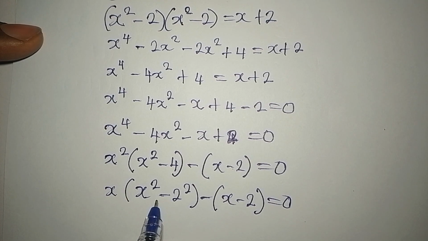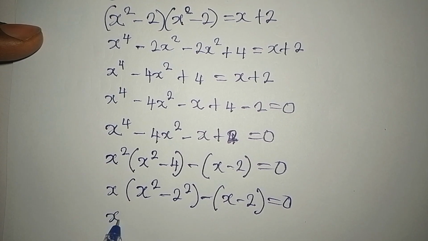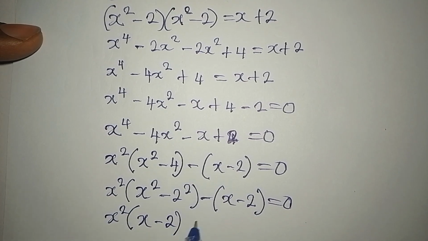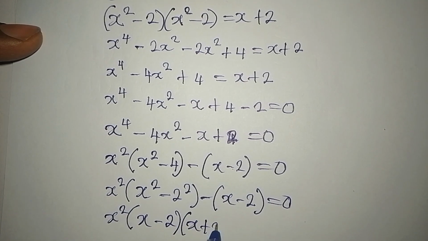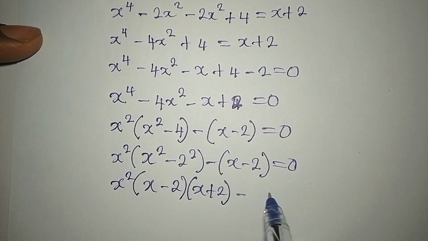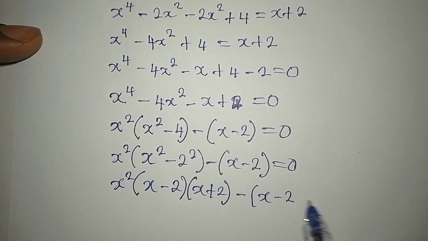Now from here we can apply difference of two squares. So we have, okay, this is squared, x squared into x minus 2 into x plus 2. This is difference of two squares. Then minus open bracket x minus 2 equals 0.